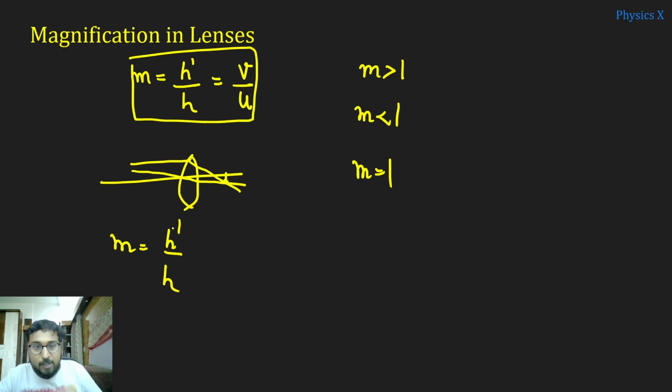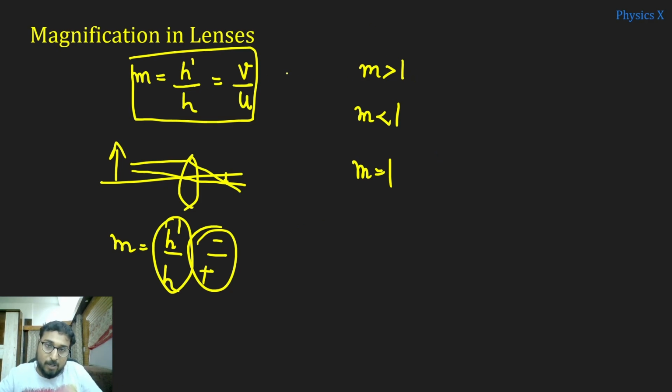If the image is real, what will happen? A real image is inverted. So h dash will be negative, and h will always be positive, since you place the object like this. So if it is a real image, it is a negative sign. So the formula is changed, but our previous analysis is the same.